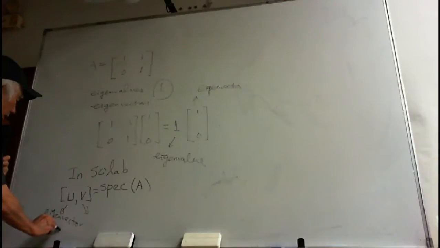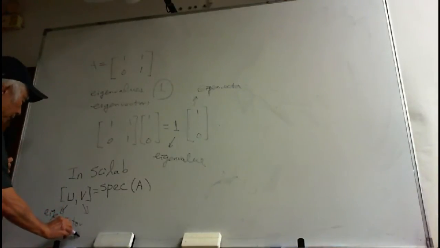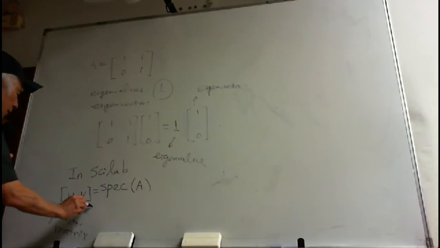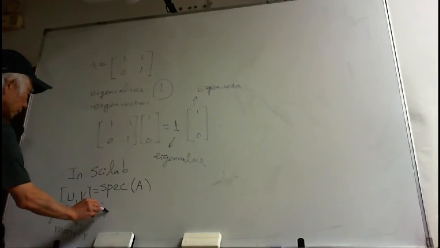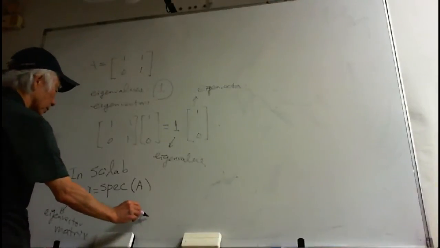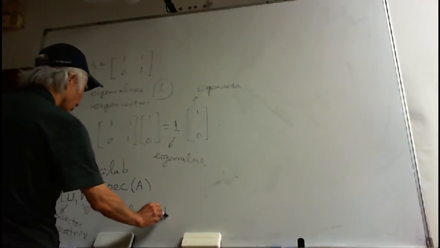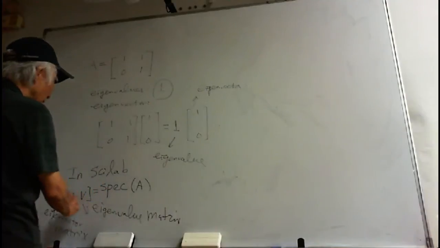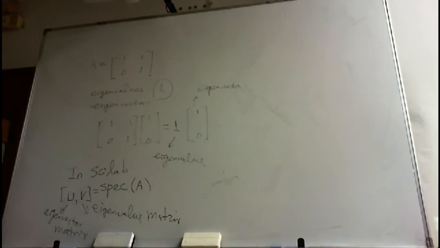I think maybe upside down, I don't know, I'll just make a guess. I know the eigenvalue matrix is a diagonal matrix, and this is the eigenvector matrix.